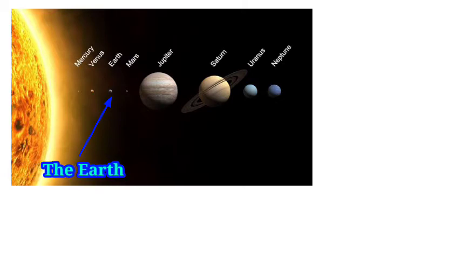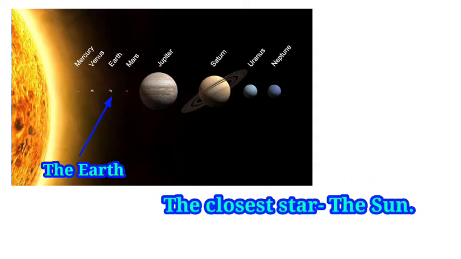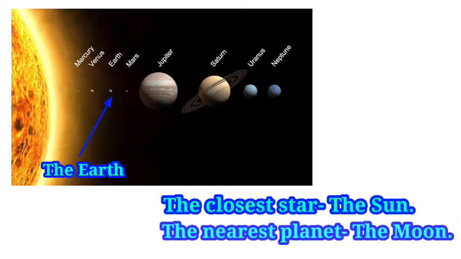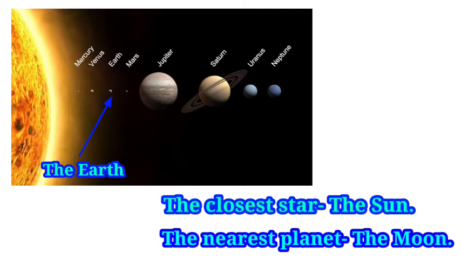Tell me, which star is the closest to our earth? The sun is the closest star to our earth. And which is the nearest planet to our earth? The nearest planet to our earth is the moon.